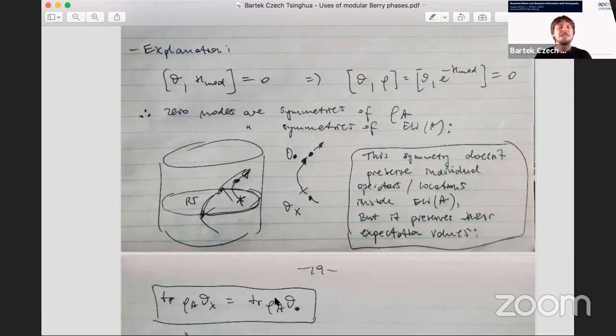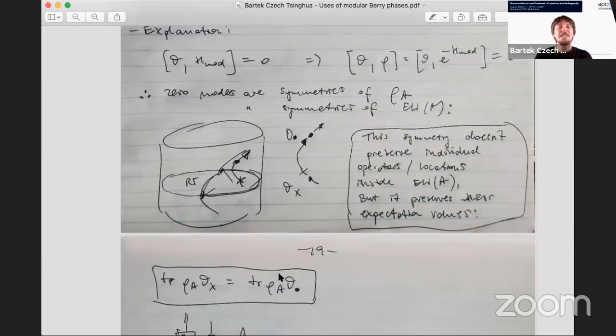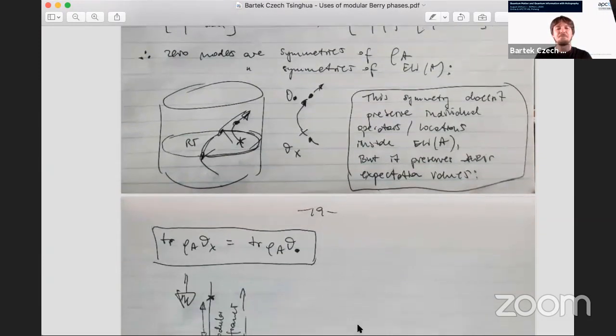But it doesn't mean that they are the same operator. If we tried them, O_X and O_circle, in some different entanglement wedge, or with some different density matrix, then they would actually act differently. They just look the same as far as this specific entanglement wedge is concerned. And so that's the kind of symmetry that we're interested in.